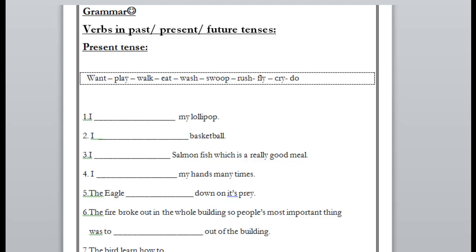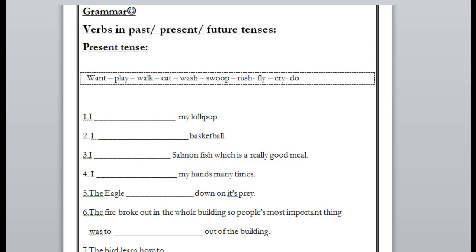So for the future, we take the word will plus the present verb. The present verb comes without any kind of additions, like play, eat, talk, joke, walk, everything like so, okay?